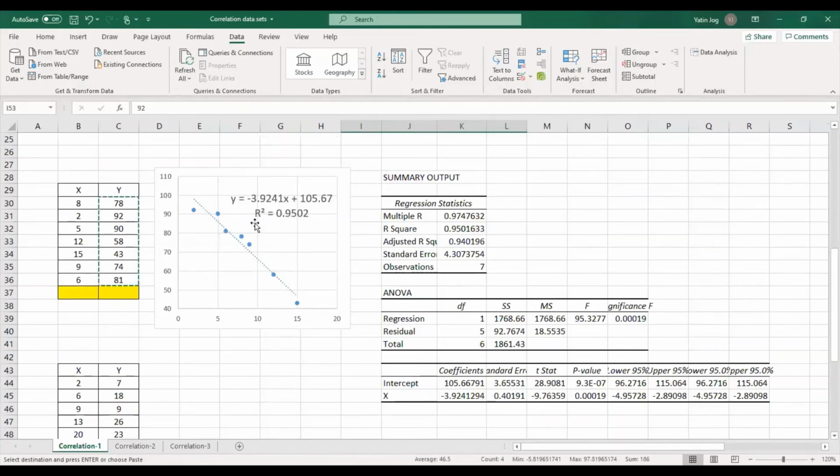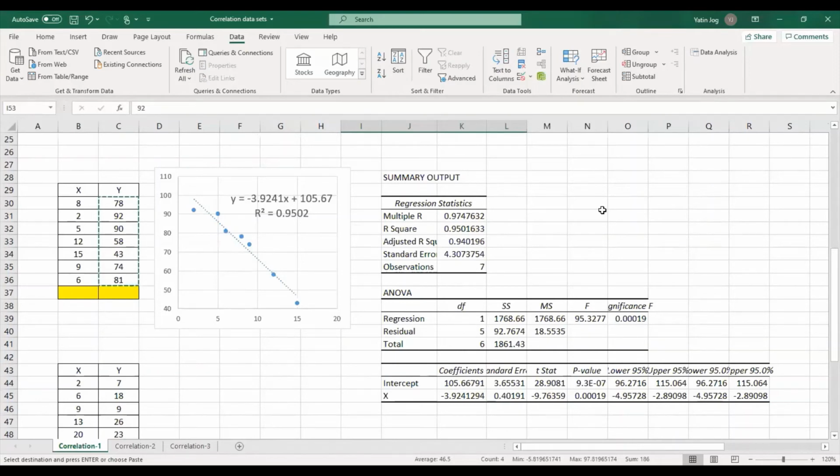Now in this case R square is 0.95. So I'll tell you one statement to know what is the meaning of R square. My statement is the change in Y can be explained by X at 95%.